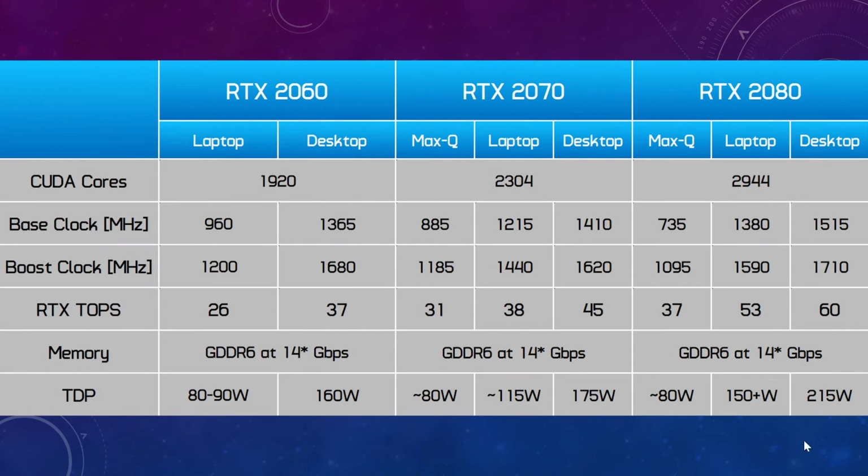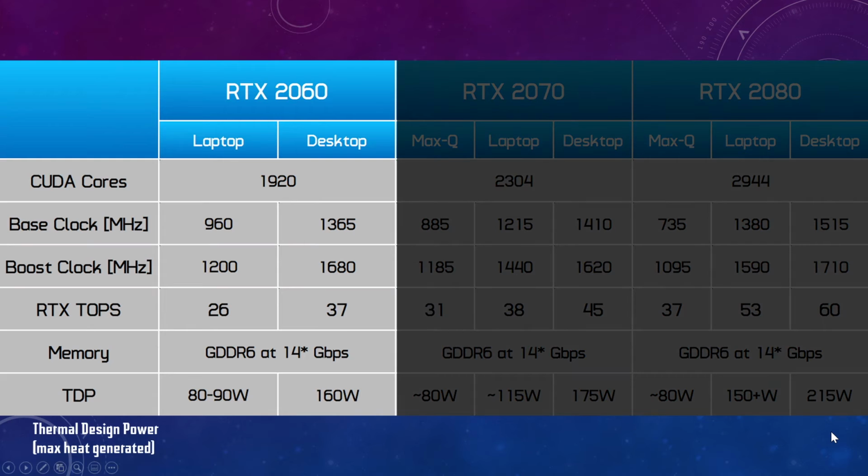And this chart's a bit much, so let's back off part of it. Just look at this. What about the 2060? Present day now, you see that they have the same number of cores, the same overall processing capability, but the laptop version is going to go at a lower clock cycle, slower.